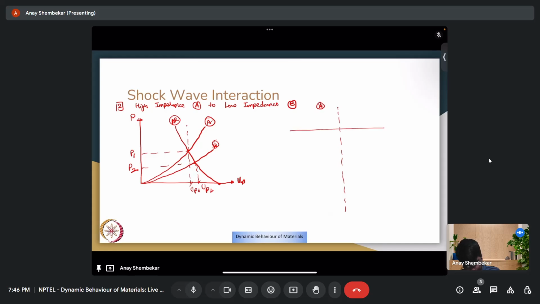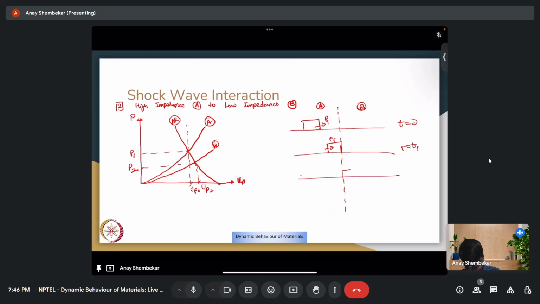Again, if we draw the pressure profile, this is A, this is B, this is T equal to 0. Pressure pulse approaching the interface, pressure P1. Once it touches the interface, it will have a lower pressure P2 associated with it. So this means that P is equal to P1.